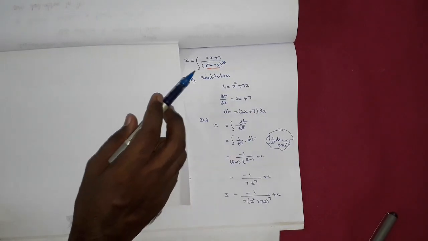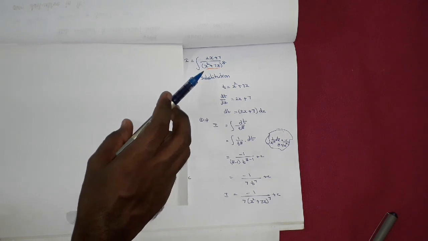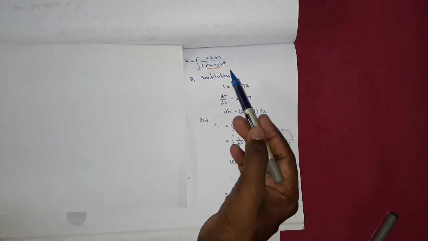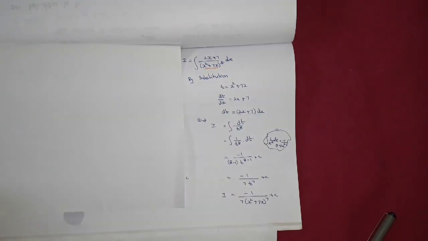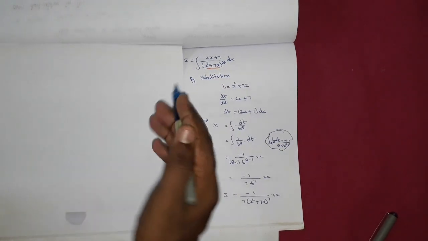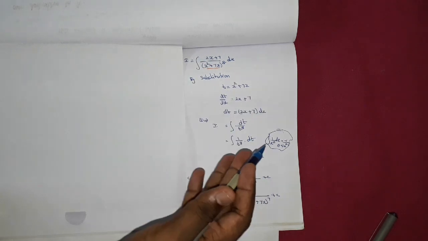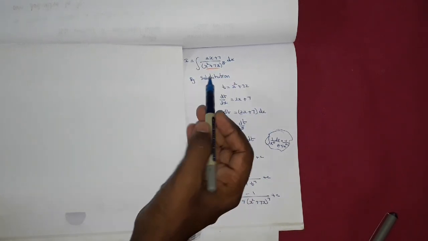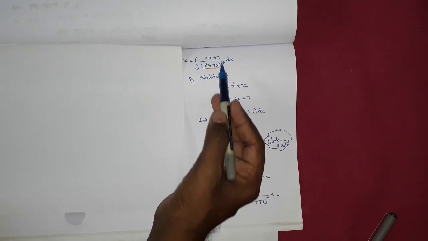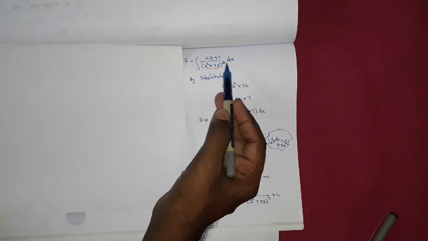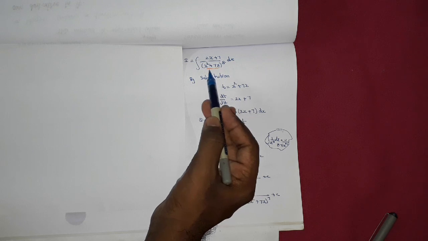Now another example sum we are going to see. So I equal to integral 2x plus 7 by x square plus 7x the whole power 8 into dx. Okay, so this is the given sum. Now in this one, can you see any composite function? Yes. So here x square plus 7x the whole power 8. Actually within this power, we can see x square plus 7x.